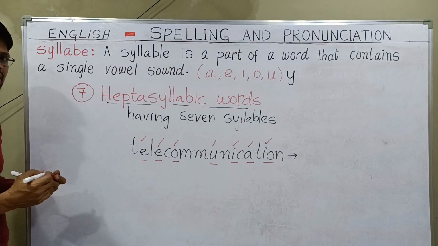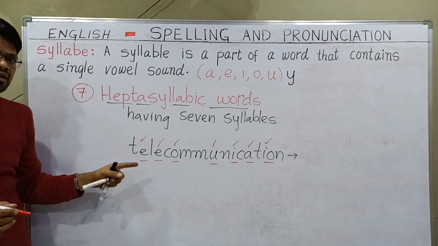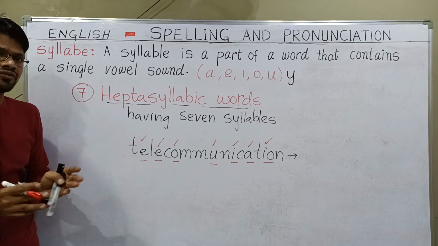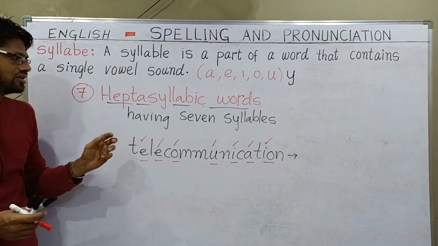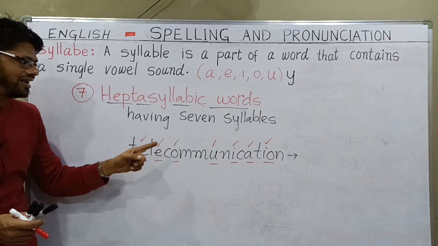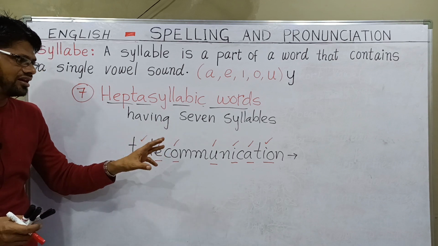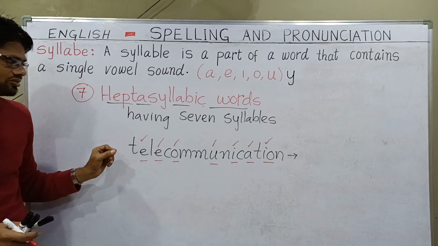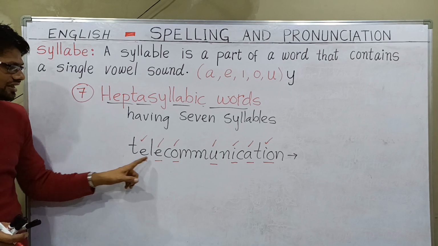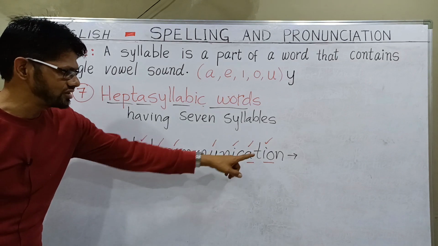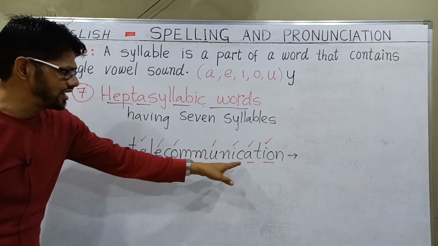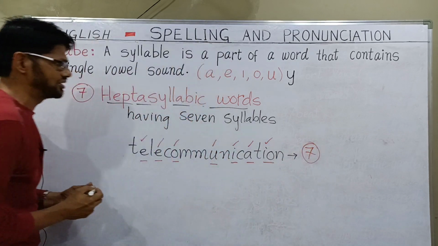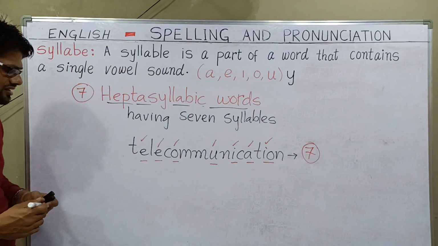So how many sounds of vowels? Telecommunication has 7 beats, 7 sounds of vowel. Even though 8 vowels are there in the word, it is producing 7 vowel sounds. So telecommunication has 7 beats or 7 syllables.